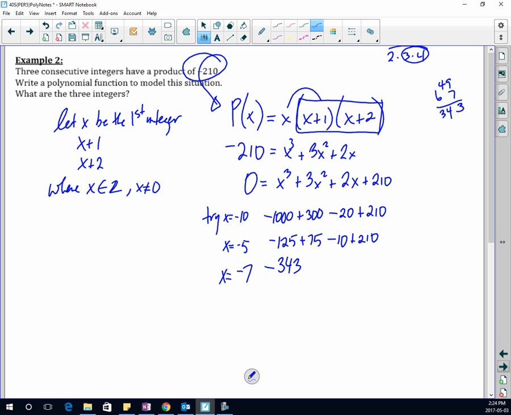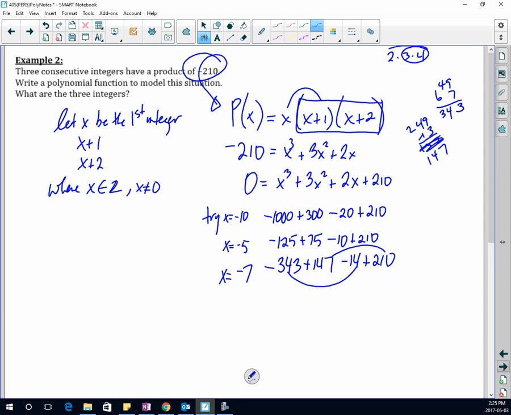Then we have 7 squared, which is 49, times 3. Oh my gosh, what am I doing here? 9 times 3 is 27, 147, yes. So plus 147, and then 2 times negative 7 would be minus 14, plus 210. Yeah, it looks like it works.